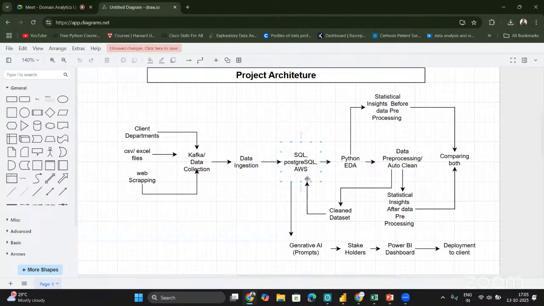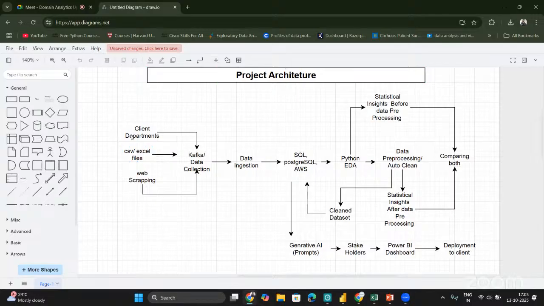The first step is to understand the business, then we have to collect data, either from our client or by web scraping. Sometimes the data is not provided by the client, and at that time we have to collect data from web scraping, or the data may be in the format of an Excel or CSV file.